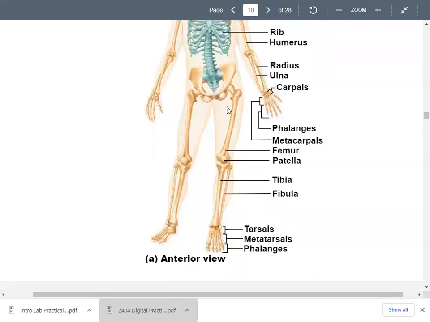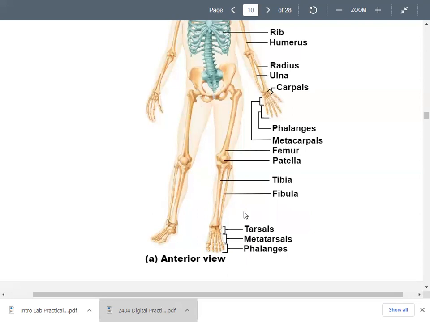And we have our coxal bone here made up of the ilium, ischium, and down here the pubis over here. You have your femur, patella, right? The large bone here is the tibia, the smaller bone, fibula, and at the ankle, you have the tarsal bones. On the foot, you have the metatarsals, and then the toes are the phalanges, right?